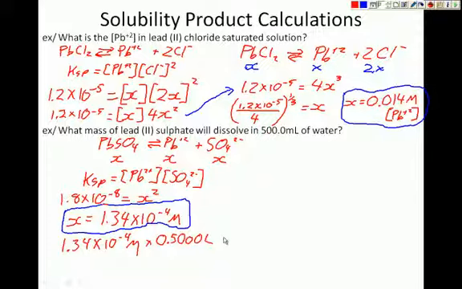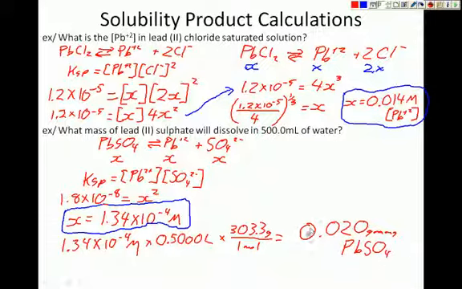The molar mass of lead 2 sulfate is 303.3 grams per mole. If we do that calculation, we get an answer of 0.020 grams. And this is our answer.